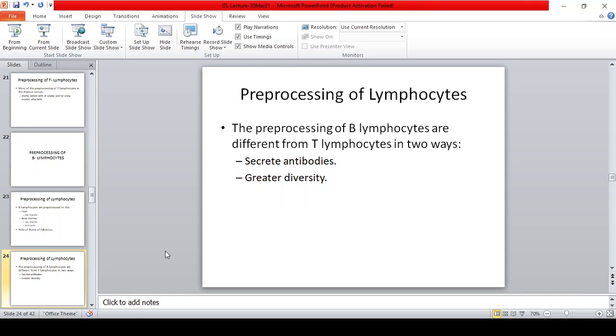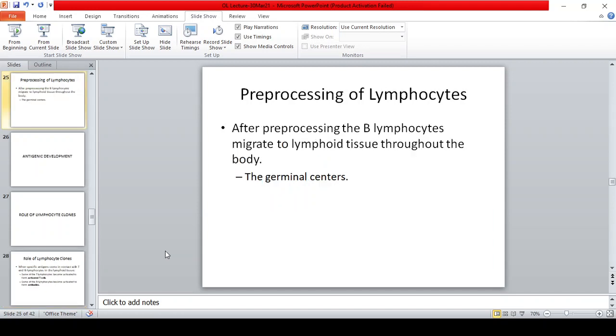And we'll study this in more detail when we study humoral immunity, which is the function of the B lymphocytes. Similarly, like the T lymphocytes, after pre-processing the B lymphocytes migrate to lymphoid tissue throughout the body, where they lodge in the germinal centers, and these centers are very near to the groups or aggregations of the T lymphocytes.